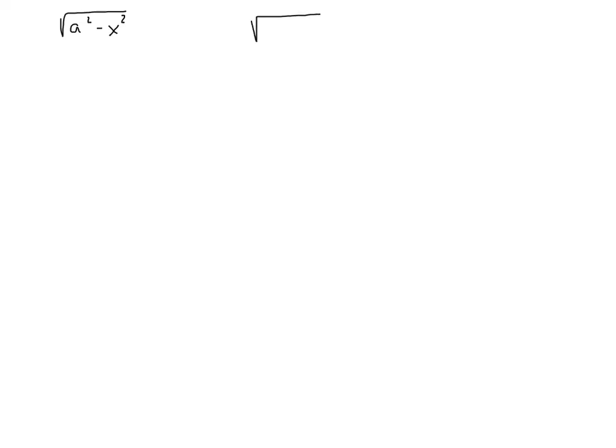Another one we could have like the square root of some number squared plus x squared. And in other problems, we've got square root of x squared minus a number squared. So these are kind of not all the possibilities, but in general, these are the ones that come up the most.